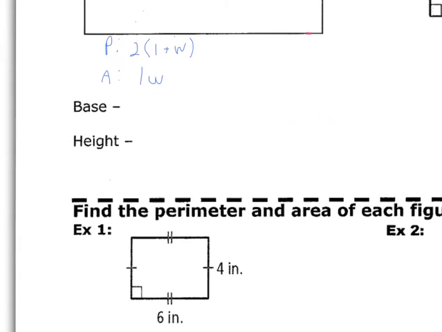Okay, now let's go ahead and get a working definition of what base and height mean. We're going to talk about triangles. Base is any side of a triangle.